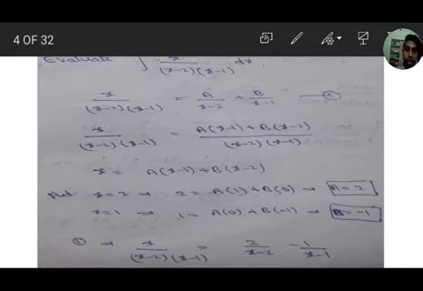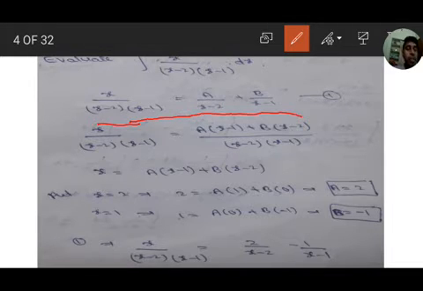Here the denominator contains non-repeated linear factors, so it is the first case. It can be written as A by x minus 2 plus B by x minus 1. We take this as equation 1 and we need to find the A value and B value.